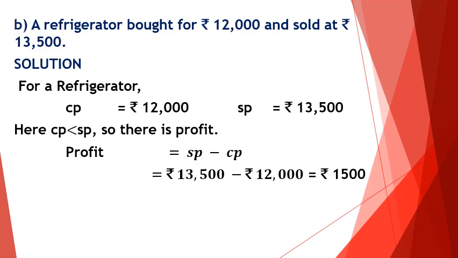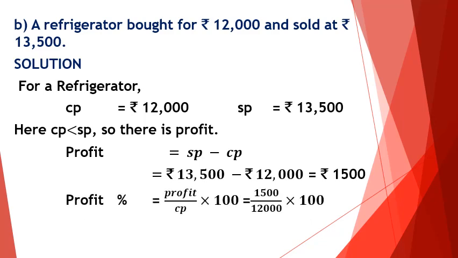What is the next step? Yes, profit percentage equal to profit upon CP into 100. Substitute the value over there. So we get 1500 upon 12,000 multiplied by 100. That is, we can cancel.